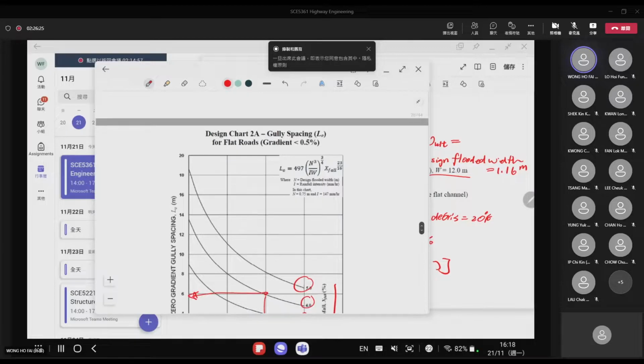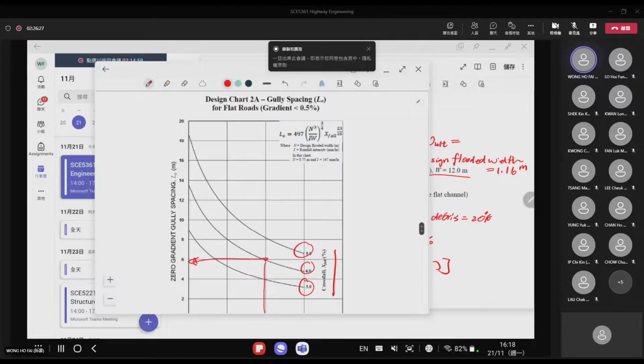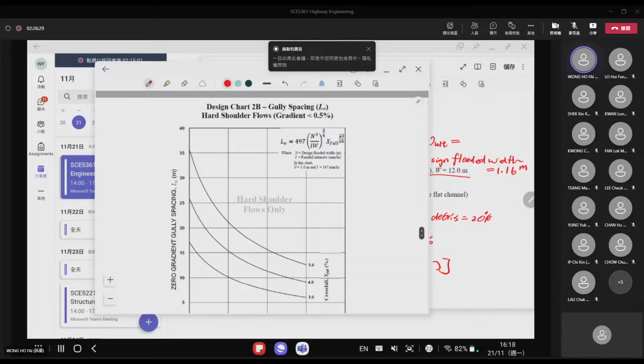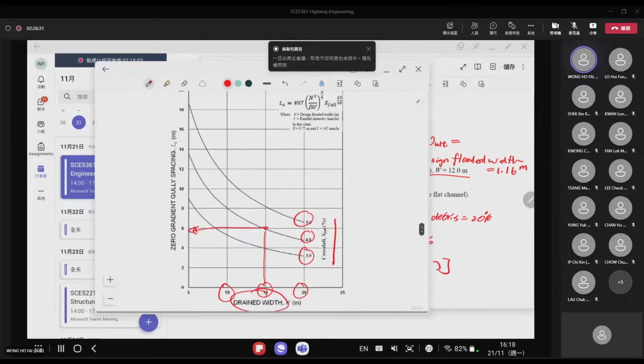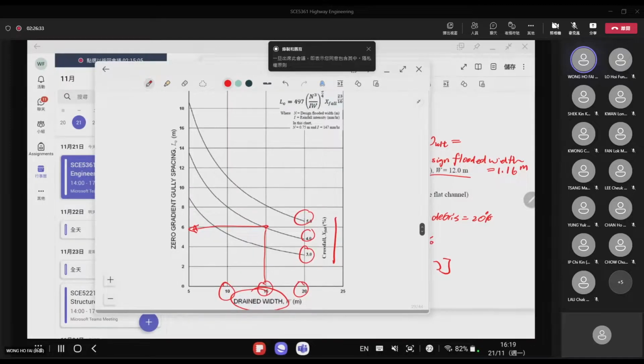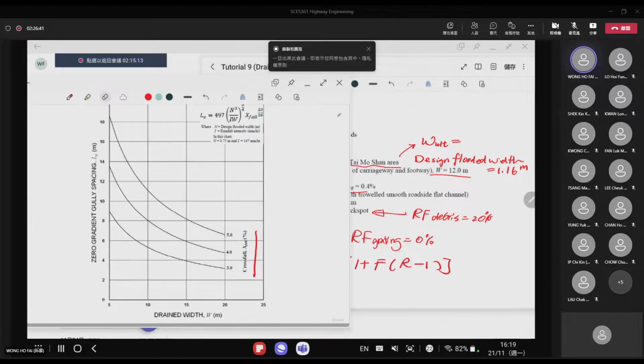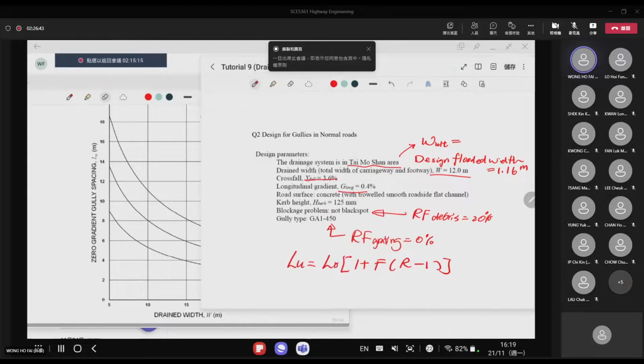So actually it is the one here, right? We are not for the hard shoulder. We are for this one. Then we have the jointed width. Actually it is equal to 12 meters again.